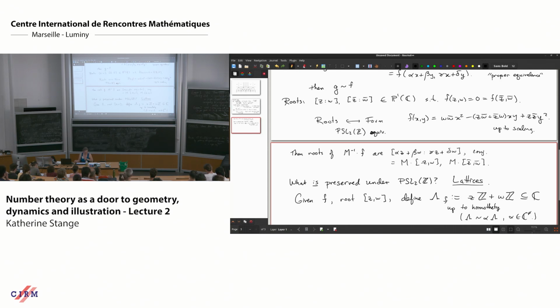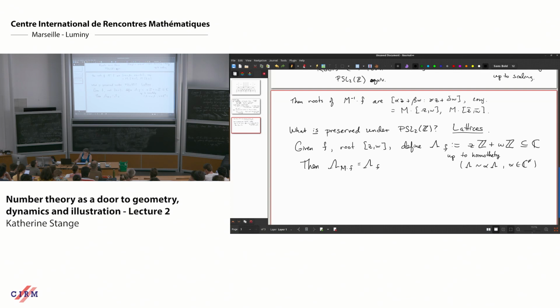Then what we get, which is very nice, is that the action of SL2 is just change of basis, so it doesn't change the actual lattice as a lattice. It just means you're going to ignore what the basis is.